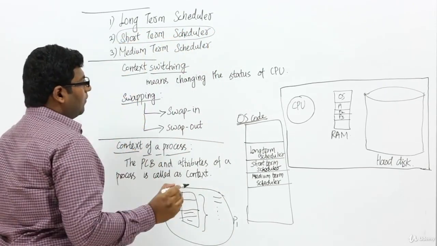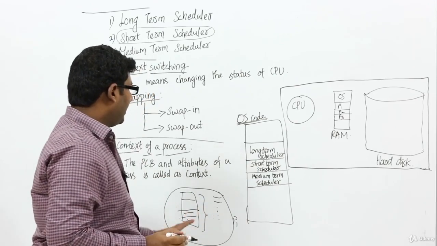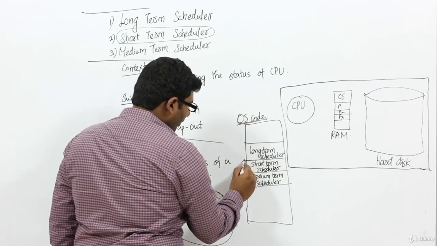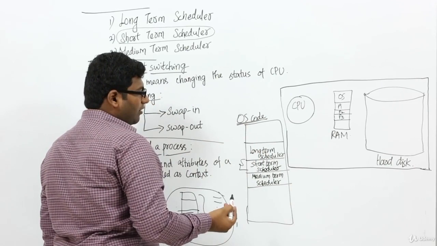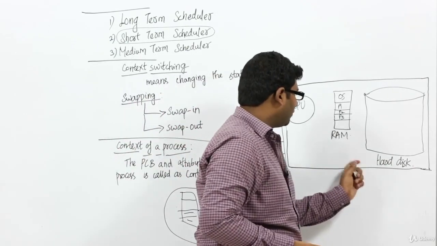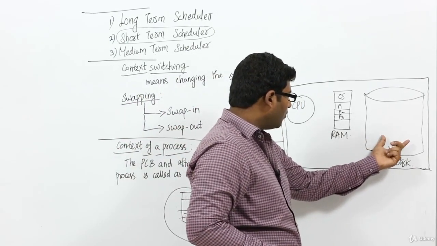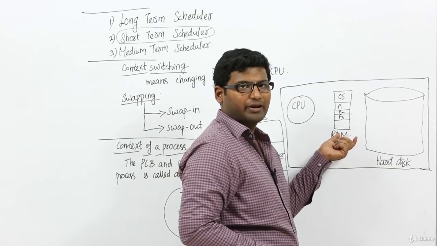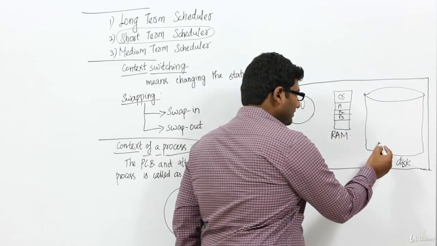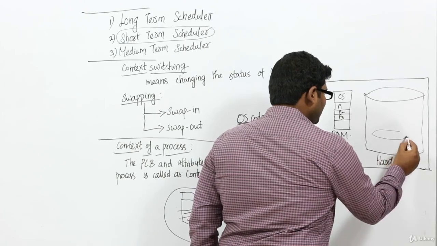That short-term scheduler will be part of our OS code. We've already seen it. Now we know that from the hard disk we move some programs into the RAM, right? Initially the process is created, which means the process is in new state.